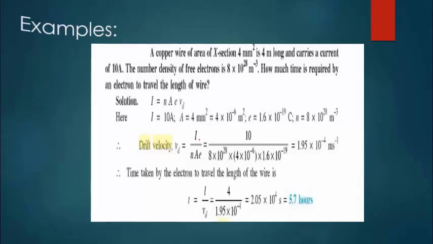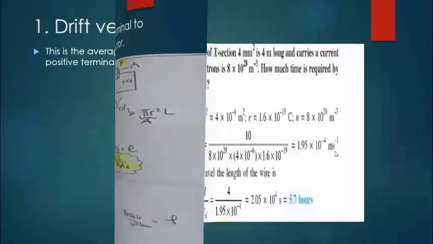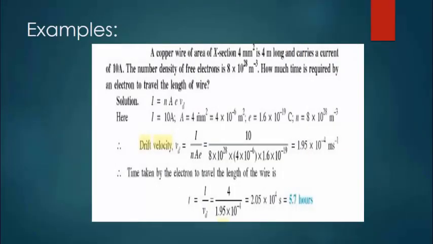As you can recall here, the drift velocity is equal to I over nAe. Just remember, drift velocity is equal to I over nAe. So what they have written here, that drift velocity is equal to I over the number of electrons per unit volume times area, cross-section times the electronic charge e.